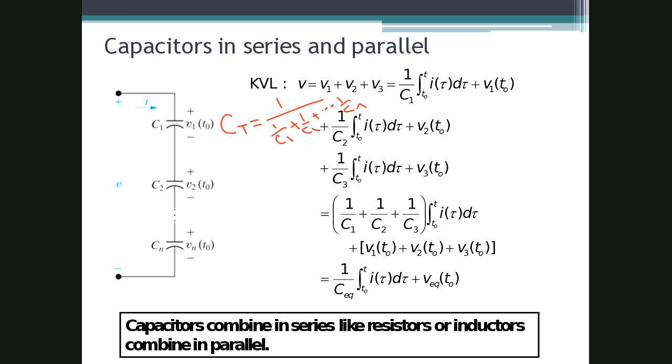And so if we had 1, 2, and 3 capacitors in series, I'm not going to do that math. I think you know how to do it, but for the sake of time, you would use this formula of 1 over C1, C2, C3. And that's how you combine capacitors in series, like resistors and inductors that are parallel.